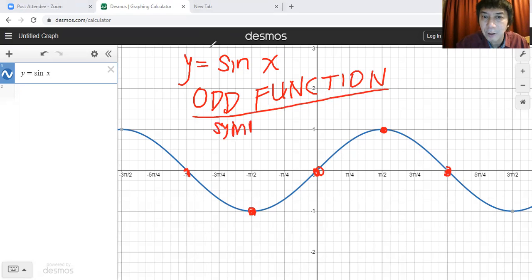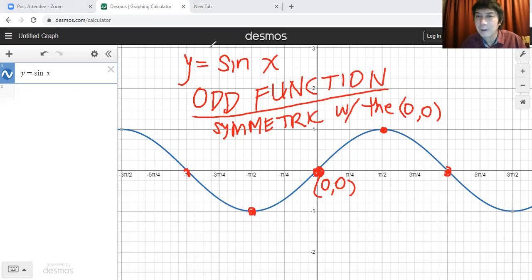Symmetric with 0, 0. And where is 0, 0? It's the point of origin there. All points here will have a counterpart directly opposite. Just remember 0, 0 is always a midpoint.